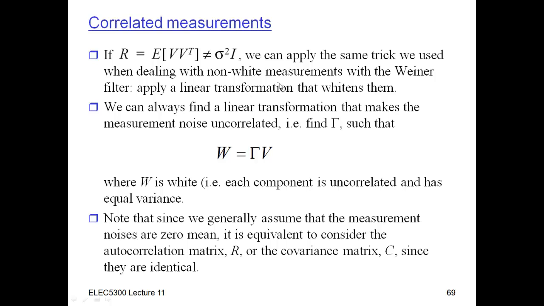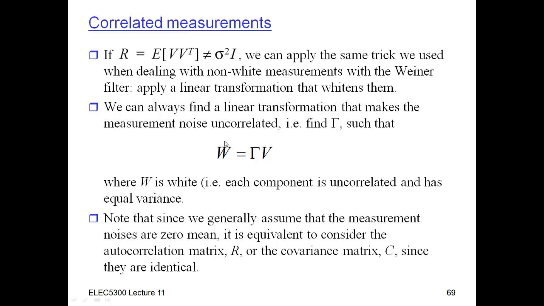As long as the noise V has a covariance matrix which is positive definite, so that there is noise in all directions, we can always find a linear transformation that makes the measurement noise uncorrelated. So we can find a gamma such that W is equal to gamma times V, where this new set of noises is white.